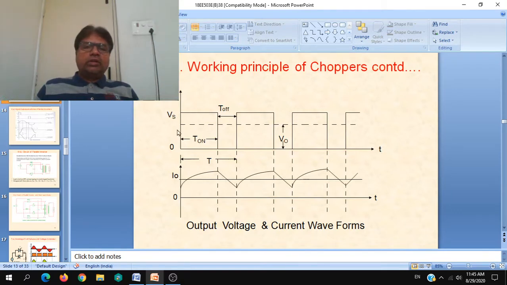V naught will be this dotted line, the average voltage, which will decrease because there is some T off. It is not getting the total voltage throughout the time over a given time. T off is there, so the average load voltage supplied will be less. So you can also make a simple sketch of this.